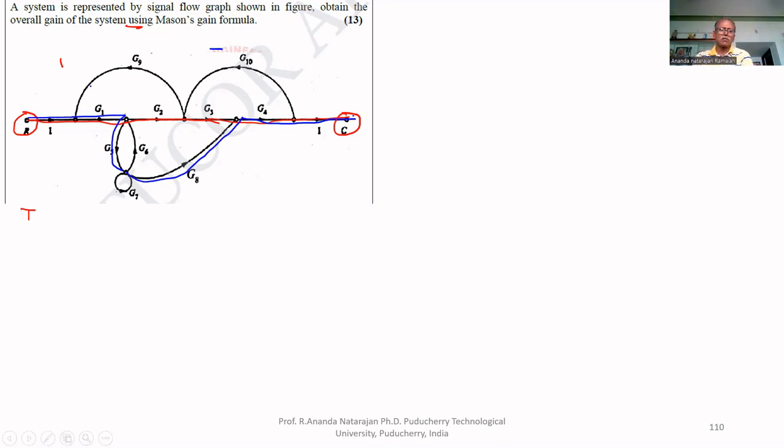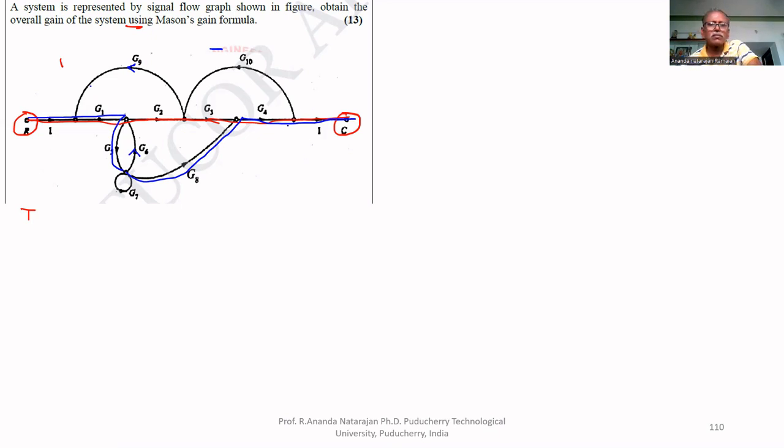Any other forward paths? We cannot travel through G9 because it is against the direction. We cannot travel through G6, that is also against direction. That's all. Only two forward paths are there.